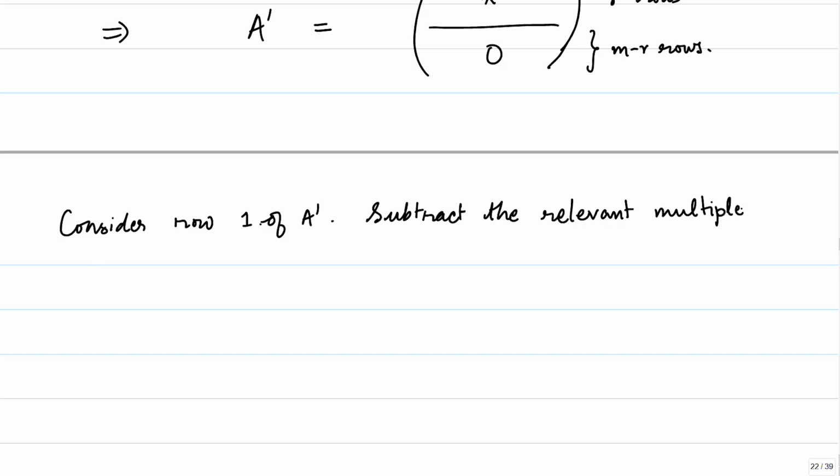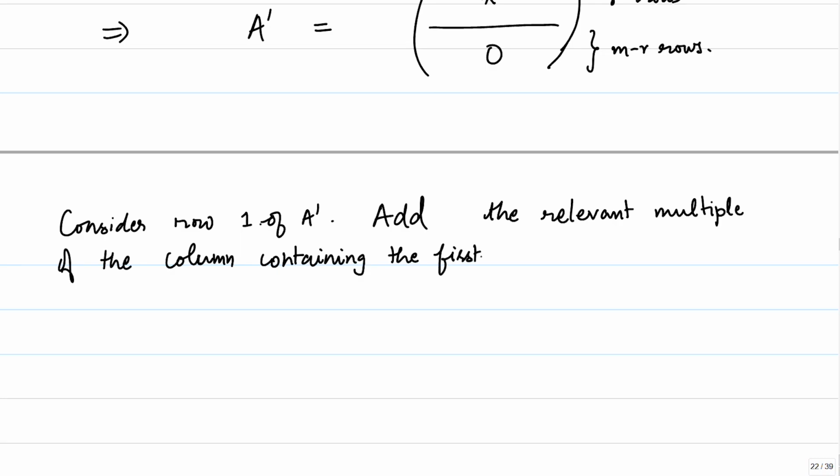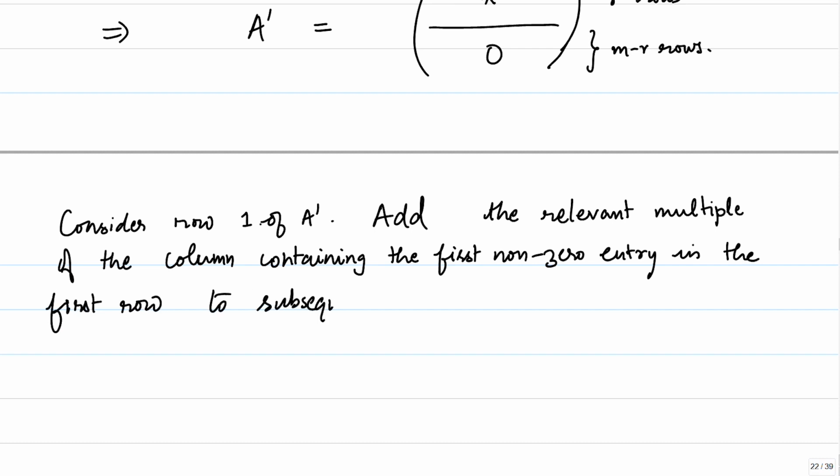Recall that the column operation of type 3 is to add a multiple of one column to another. So we add the relevant multiple of the column containing the first non-zero entry, which is 1 here, in the first row, to subsequent columns.